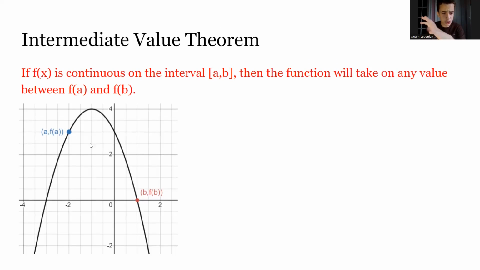So the fact that this function is continuous really helps us to make sure that the function passes through all the points between a comma f of a and b comma f of b. Notice that it doesn't say anything about these points right here. So the function could pass through these points. It doesn't have to. It could have passed a bit lower, but the whole point is that all the points on this part of the curve are hit.